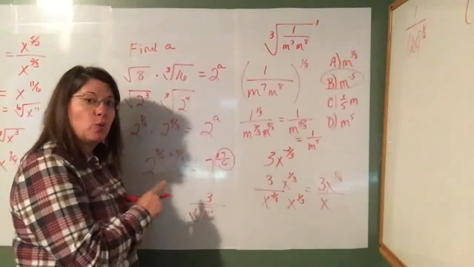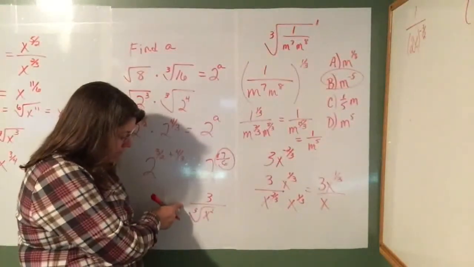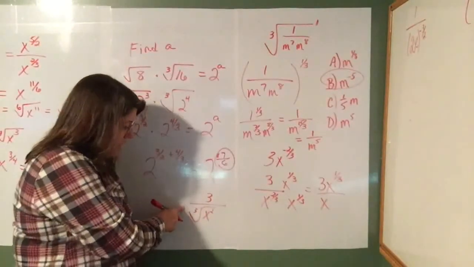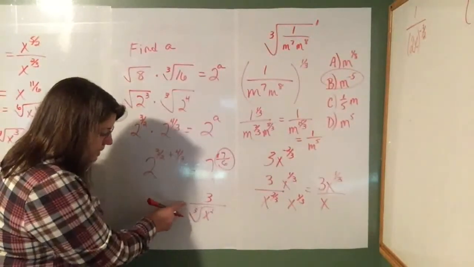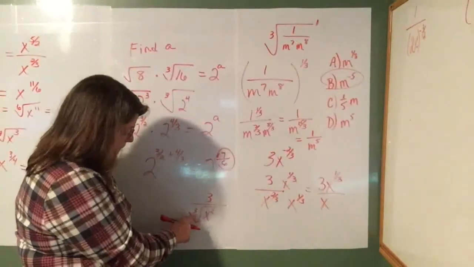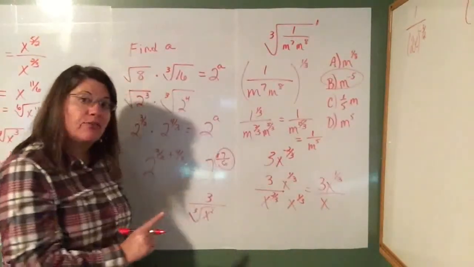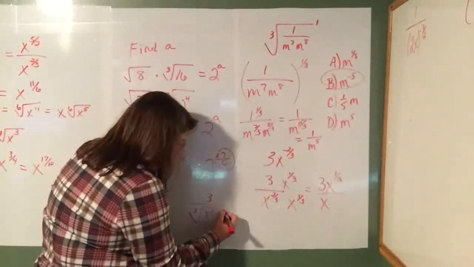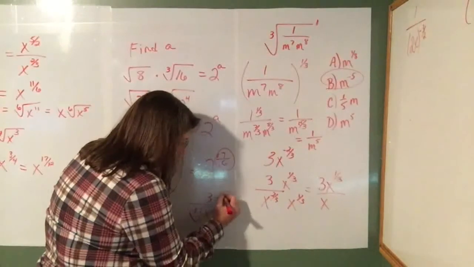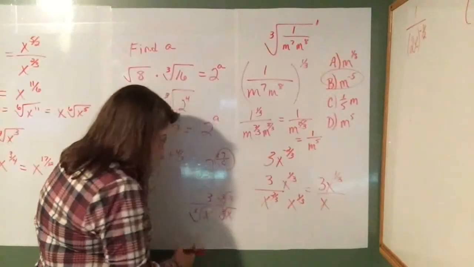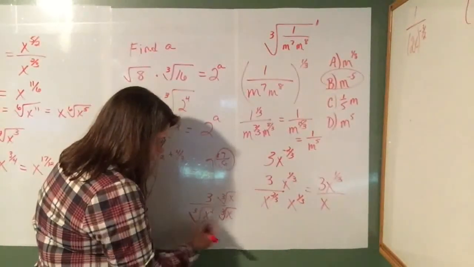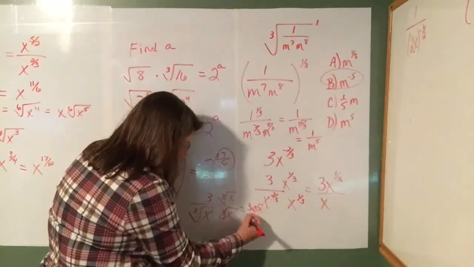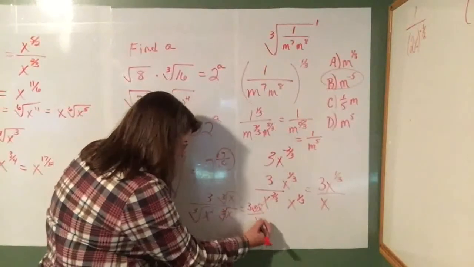Now, if you think back to when we did that in chapter 1, or really earlier in this chapter when we did it in lesson 1, wouldn't that be the same thing as, let's see, we have 2 x's. How many more x's do we need to get rid of the radical? Well, we need 1 more. So I could multiply by the cube root of 1 more x. And if I simplify that, isn't that going to be 3 times the cube root of x over x?